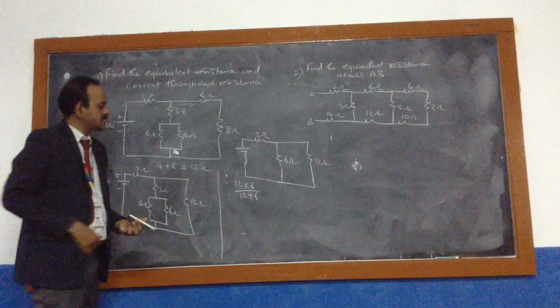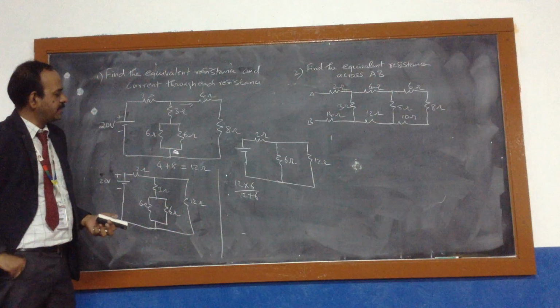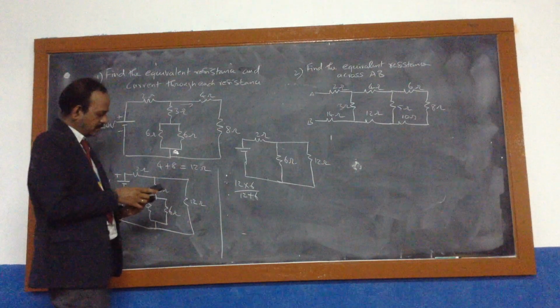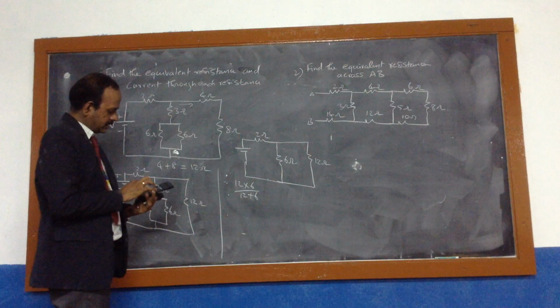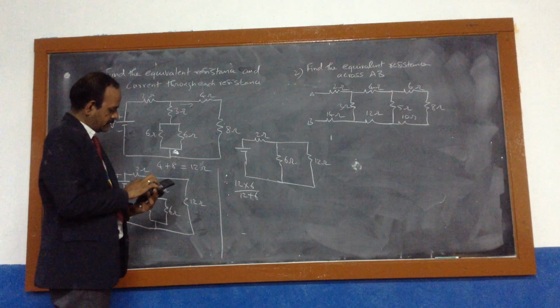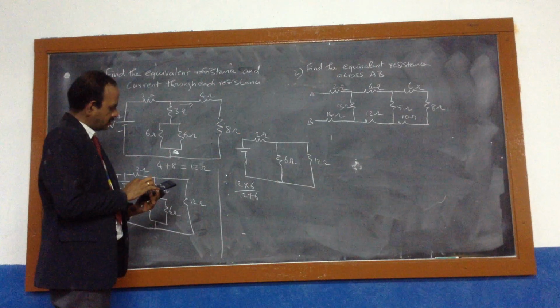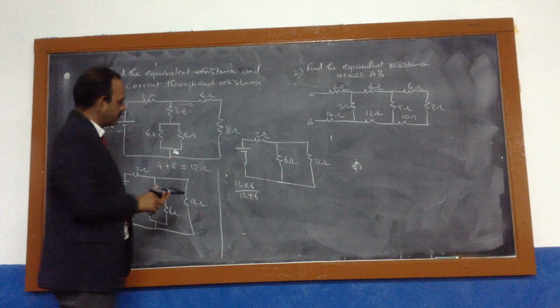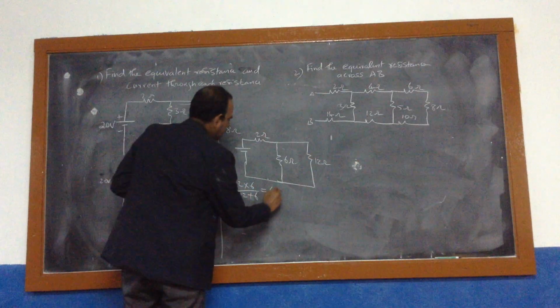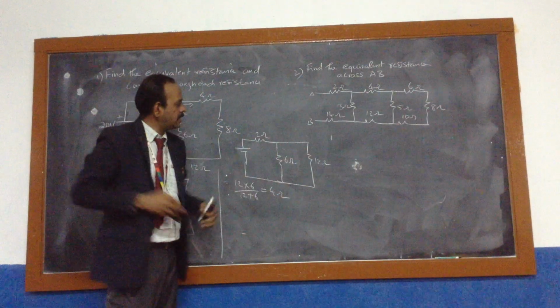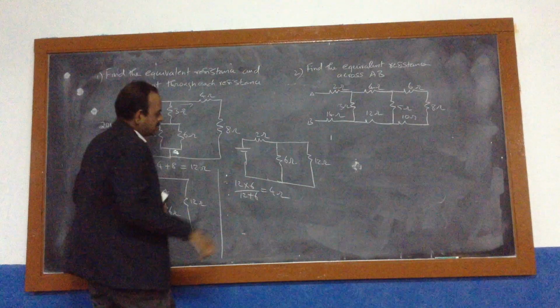Just to calculate this, what is the equivalent resistance we will get? 12 into 6 divided by 12 plus 6, that is 18. We will get 4 ohm. So this 6 and 12 in parallel give this 4 ohm.